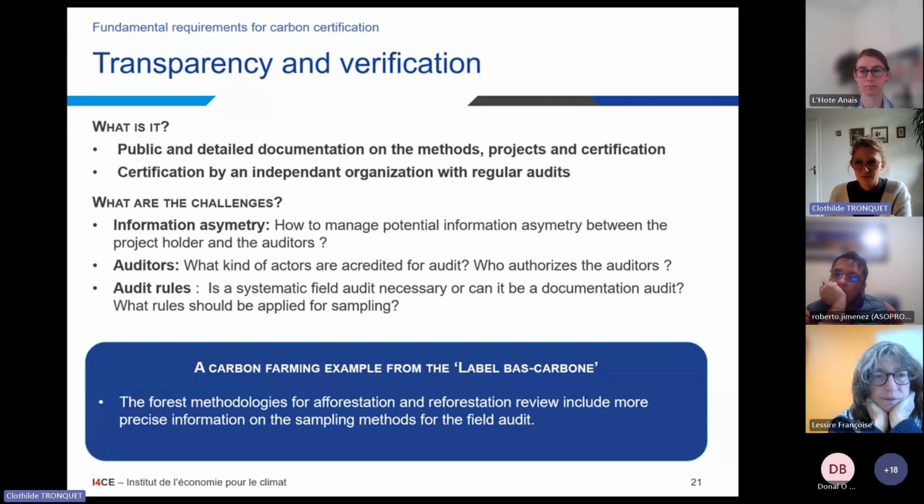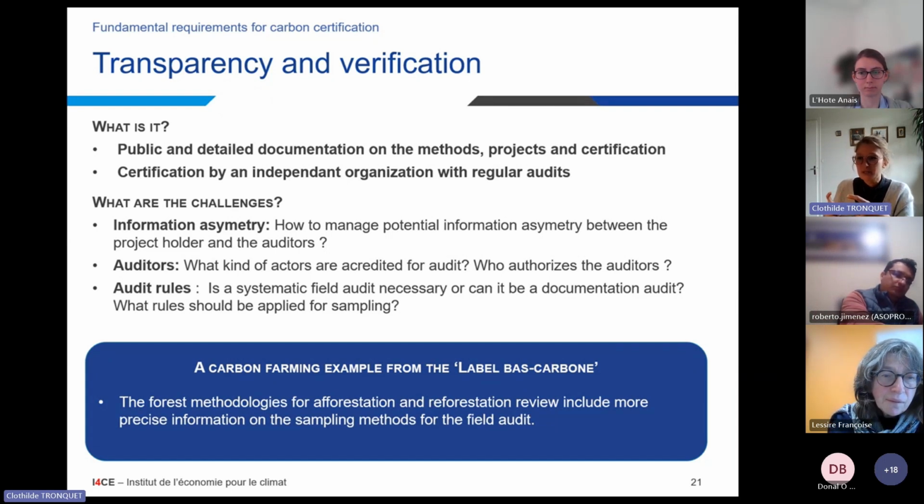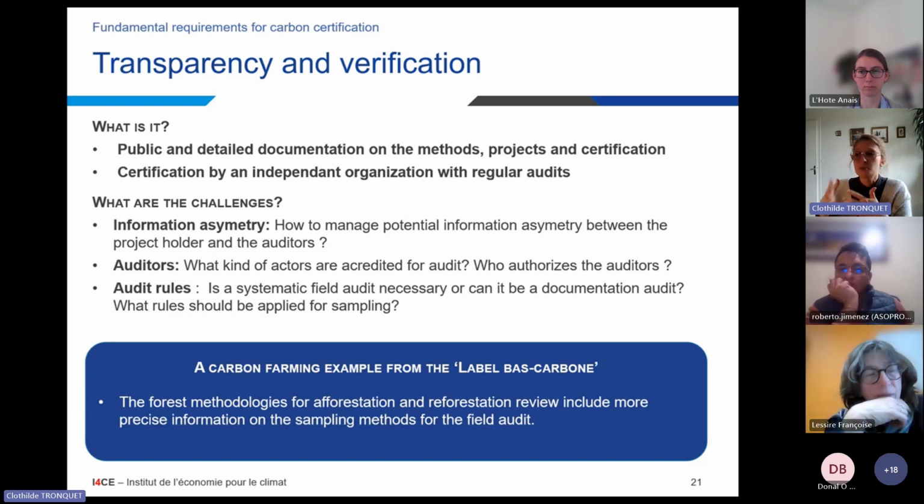Sometimes it's not necessary to go on the field, and what kind of rules should be applied for sampling. The example I give here from the Label Bas Carbone is that in the forest methodologies, we're already at the third revision, and each time they did include some more precise information on the sampling methods for the field audit, because that wasn't clear enough. So it's really a learning by doing process all the time.